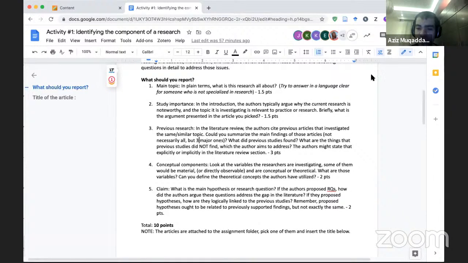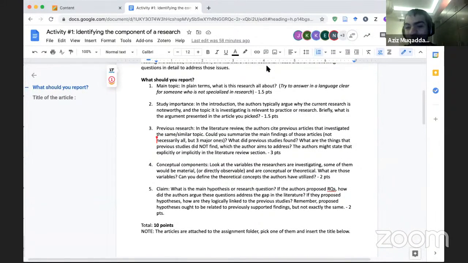In the literature review, however, and I would say 3 and 5 are the most important questions, as you could see by the weight given to them, the authors would cite previous articles that have done similar research. Could you summarize a few of them? Only like 3. You don't have to have a thorough review of the literature.